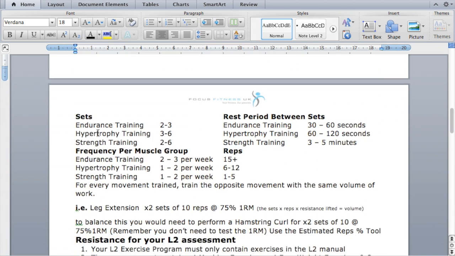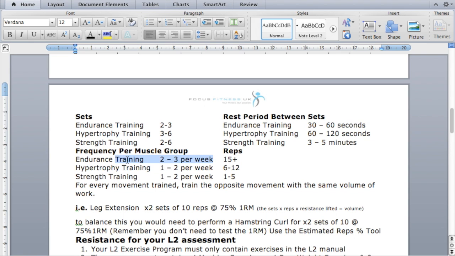And it also gives us information on how many sets we should be planning for endurance training, how many sets we should be planning for hypertrophy, and how many sets we should be planning for strength training. It helps us to understand the rest periods that we should be using for endurance training, the rest periods that we should be using for hypertrophy training, and the rest periods that we should be using for strength training.